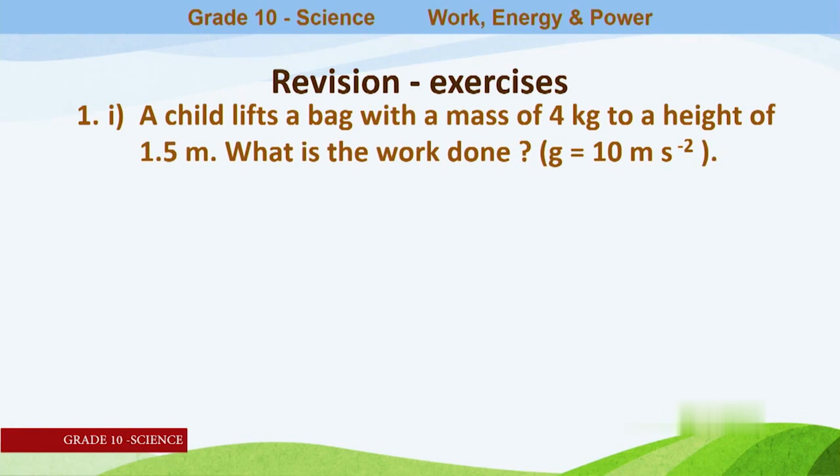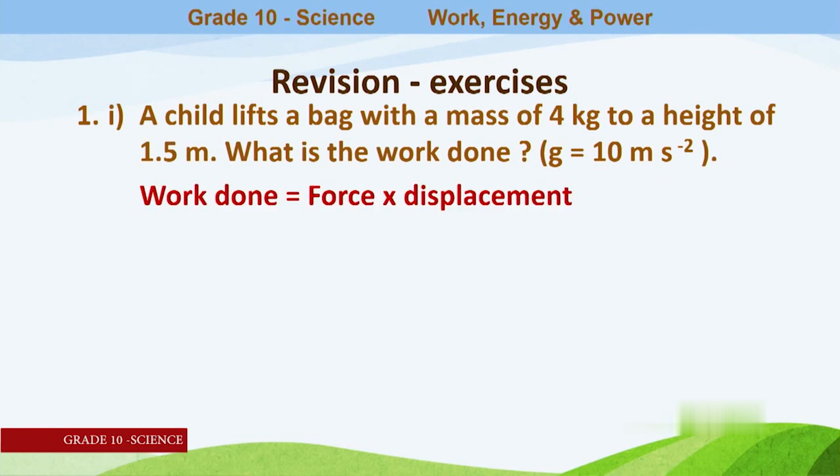Gravitational acceleration, that is g, is given as 10 meters per square second. So first, as I told you earlier, you have to write the equation first. Work done equals force into displacement.